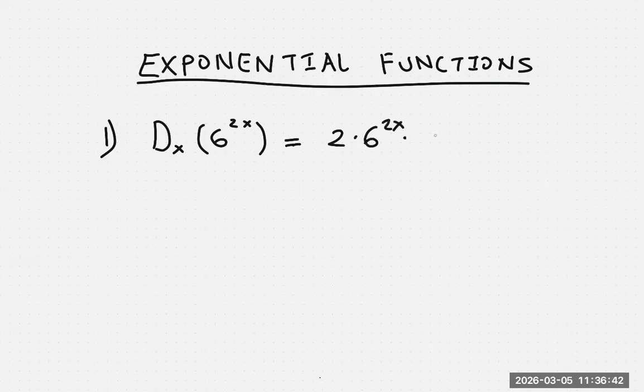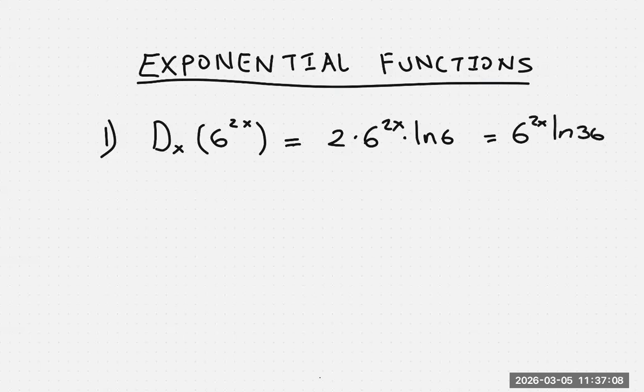And the last thing is to multiply by the natural logarithm of whatever value is right here. We'll call it a. In this case, it's 6. So we'll get 2 times 6 to the 2x times ln 6, which we can simplify to write like this, 6 to the 2x times ln 36.